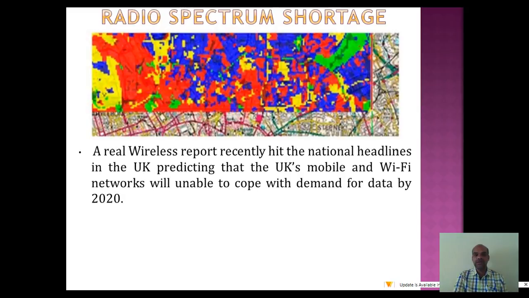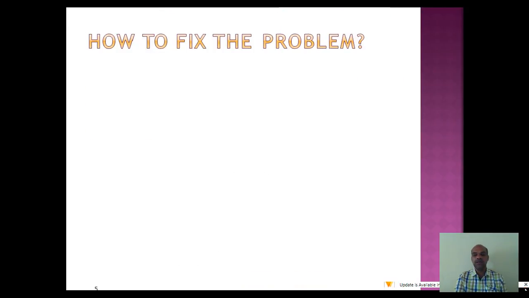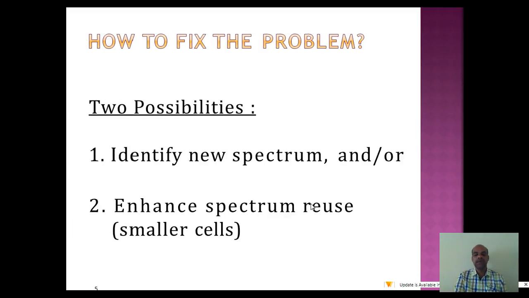Because of this radio spectrum shortage, several countries have already given warning to the people of their country about the shortage of the radio spectrum. And how to fix this problem? We have two possibilities: either identify a new spectrum or enhance the spectrum reuse.